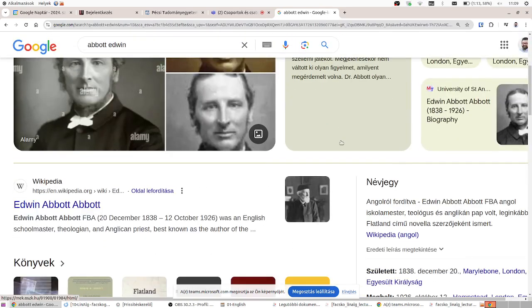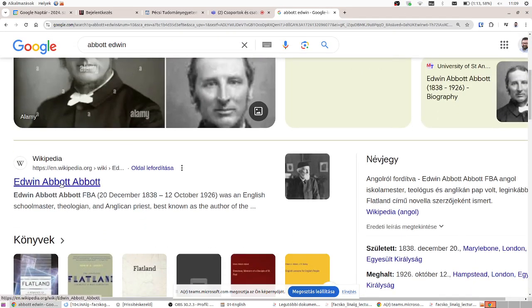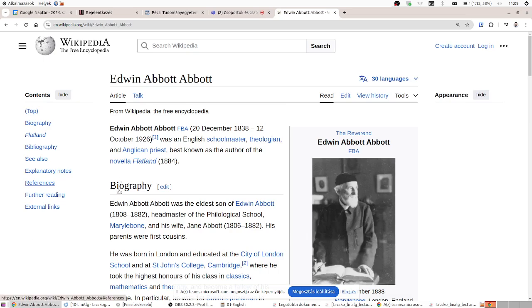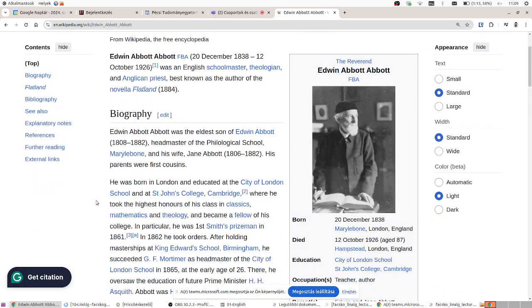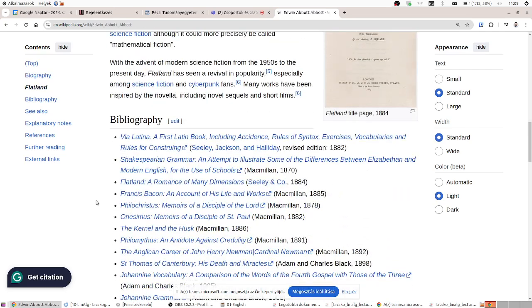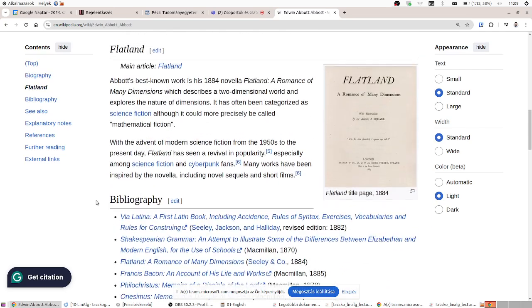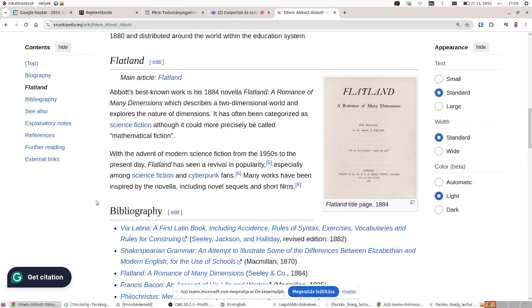Flatland. Yes, this is it. It's quite old. Flatland. You can take it and read it.